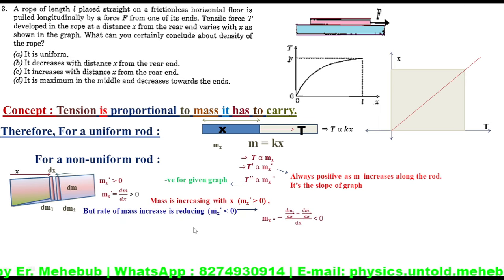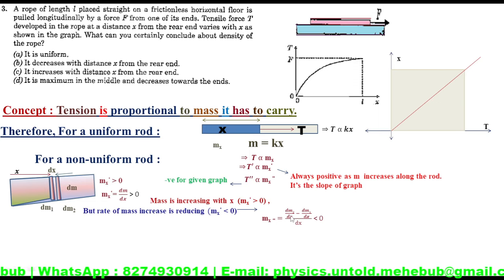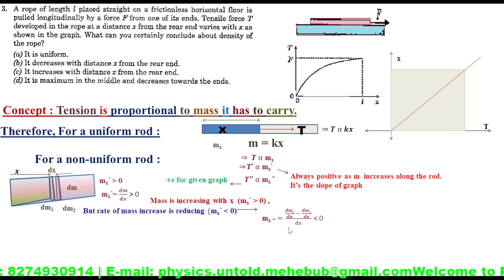Therefore, we can say m(x) double dot, which is equal to dm2 with respect to dx minus dm1 with respect to dx, divided by dx, must be less than 0, because dm2 with respect to dx is less than dm1 with respect to dx. Therefore, the numerator of this expression is a negative quantity, and dx is a positive quantity.